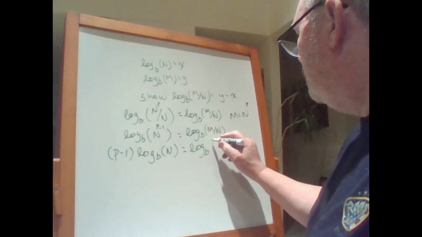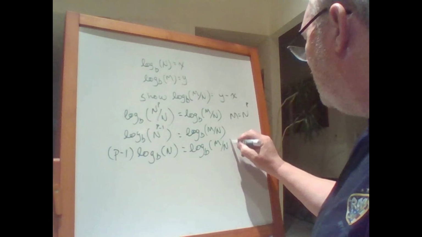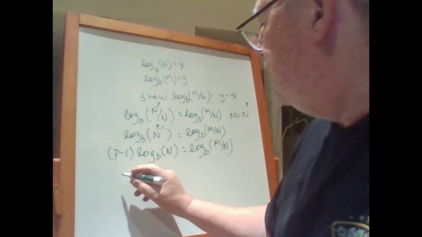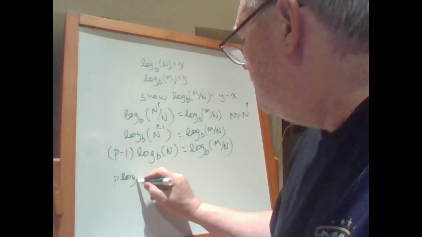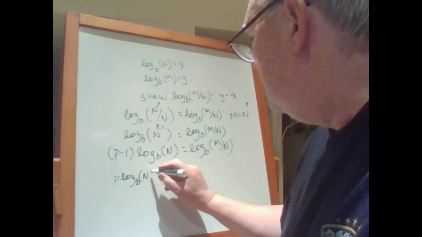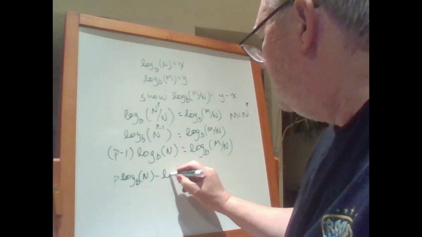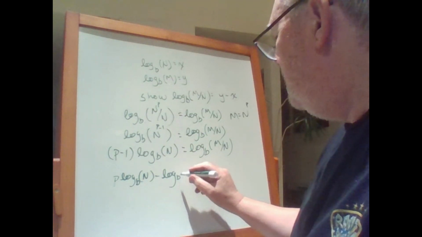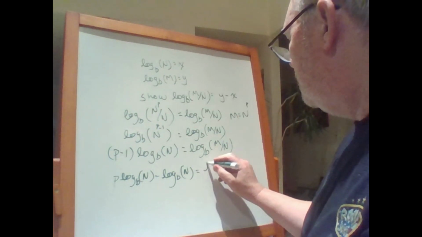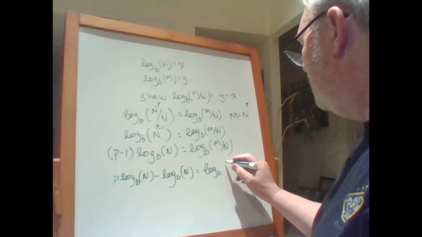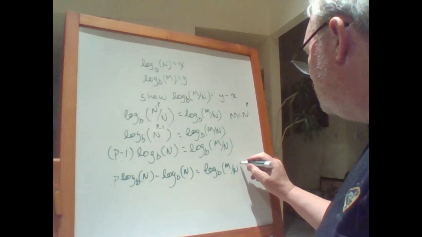This is p log base b of n minus log b of n equals log b of m slash n.